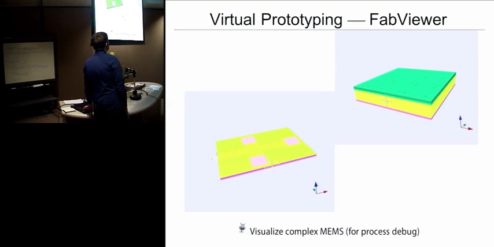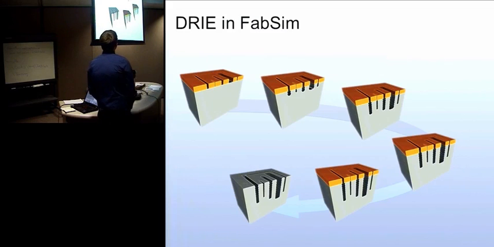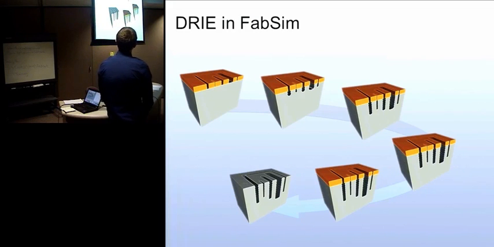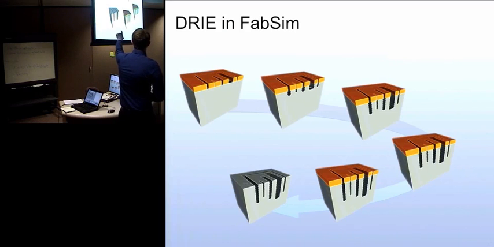One of our newer tools, we came out with version 8.7, is called FabSim. With this tool, when you do deep RIE or wet etching, you'll notice some differences in accuracy from FabViewer. FabViewer is just a geometric tool that will, if you were to run a design like this in there, if you have a mask and then you do dry etch, all of these cavities will end up having the same depth because it's just removing the material in a standard way.